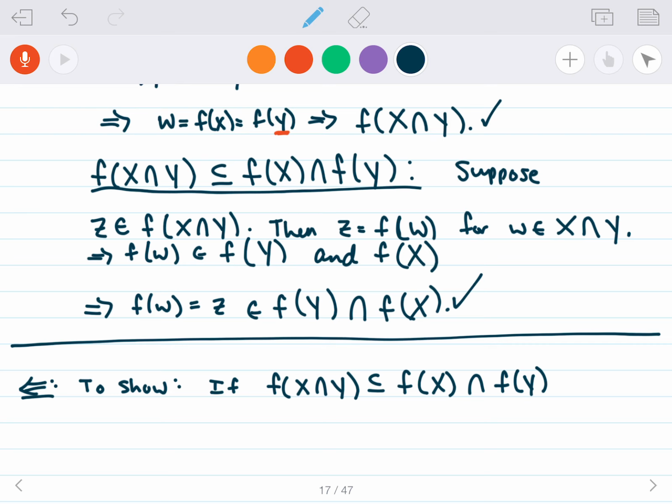So if this is equal, then this proves that f is injective.